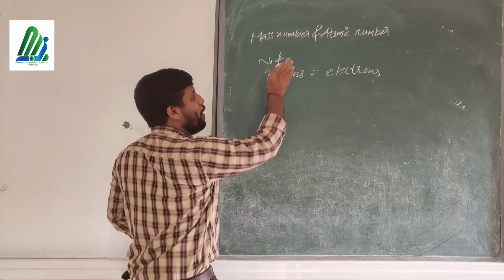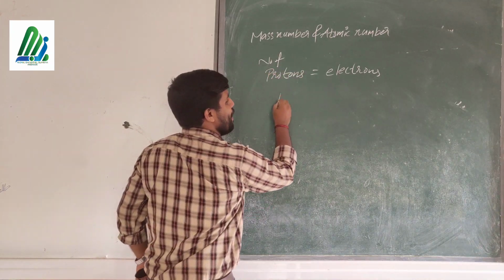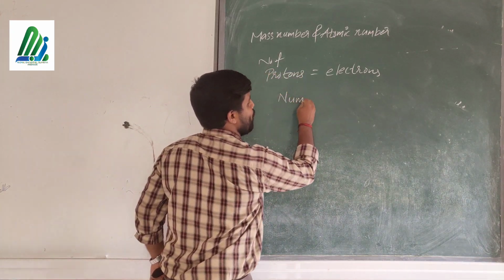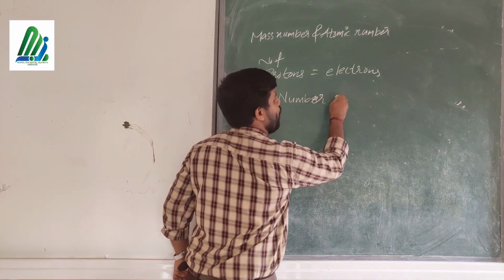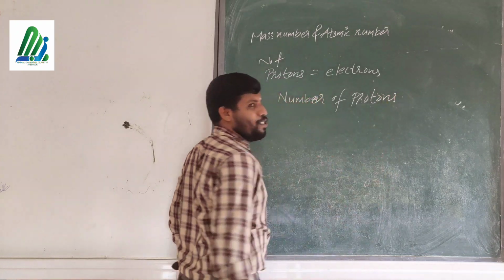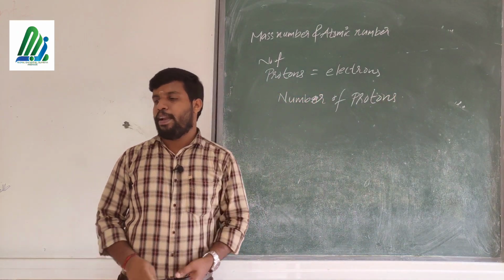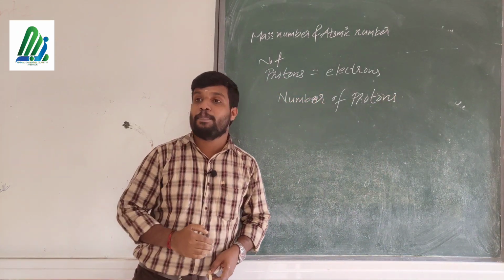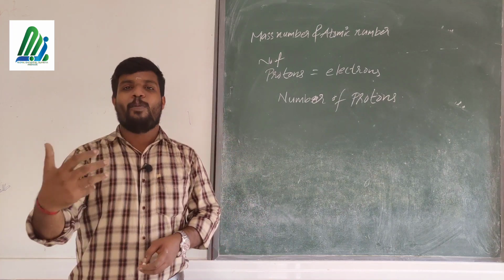So the atomic number is the number of protons in an atom. The number of protons in an atom is known as the atomic number.